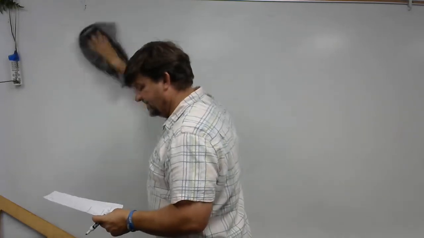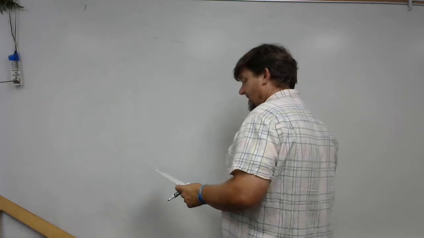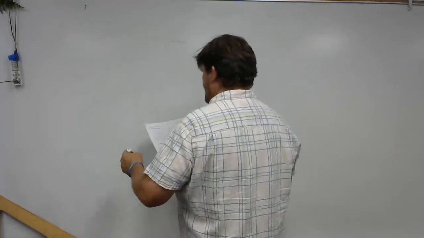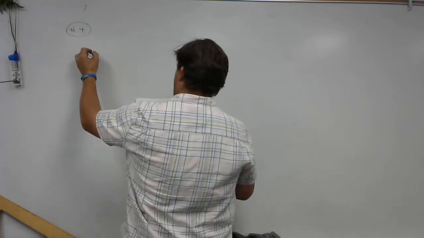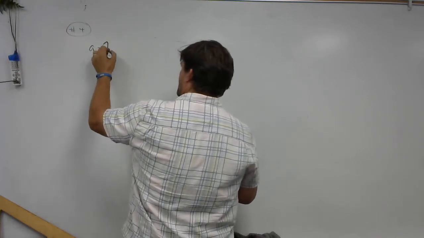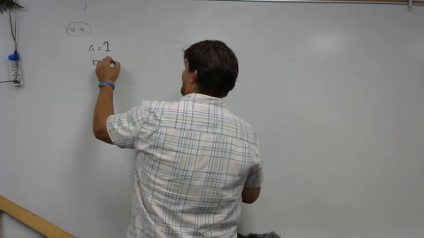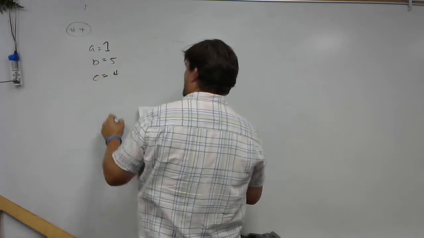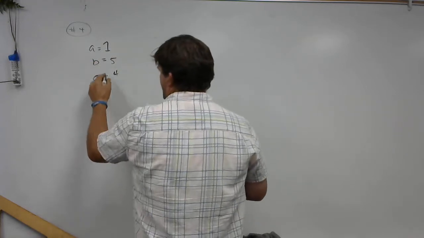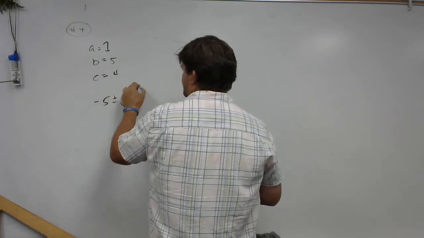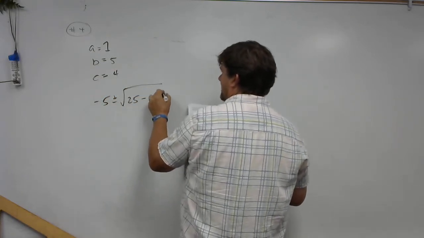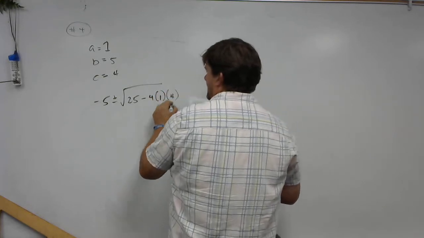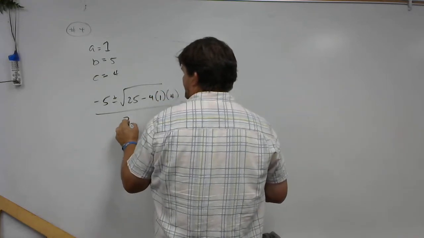Oh, I missed number 4. Sorry about that. Let's do number 4. A is 1, B is 5, C is 4. So then we're going to get negative B plus or minus the square root of 25 minus 4 times 1 times C, all over 2 times 1.